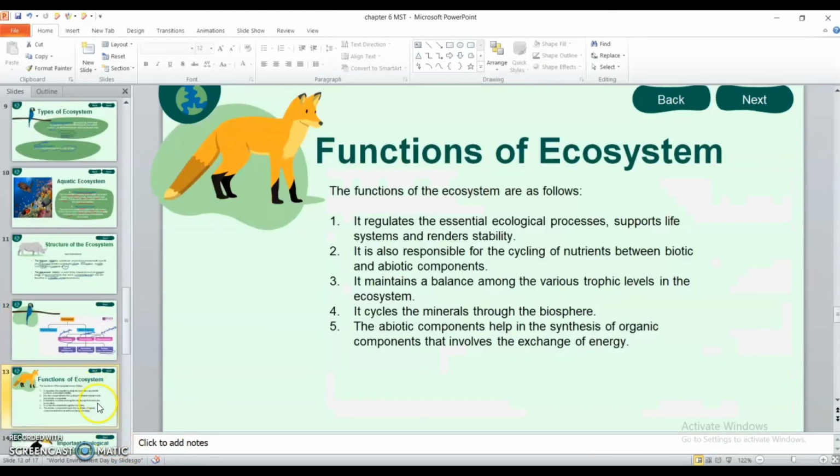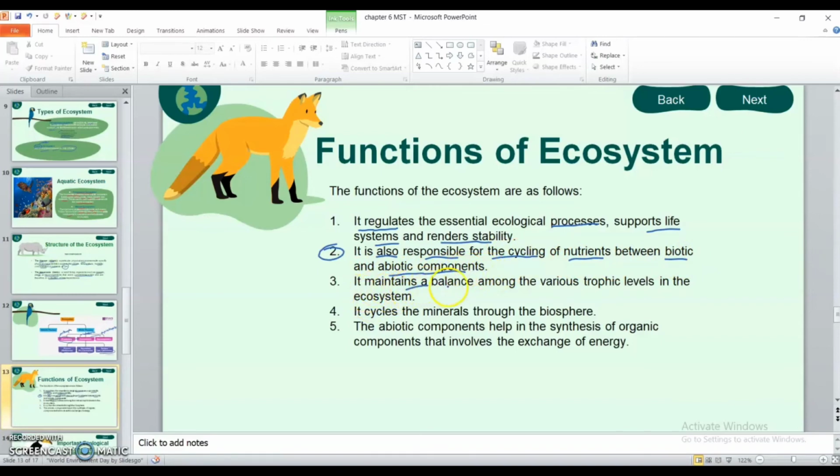Next one is the functions of ecosystem. First, it regulates the essential ecological processes, supports life systems, and renders stability. The next one is it is also responsible for recycling of nutrients between biotic and abiotic components.